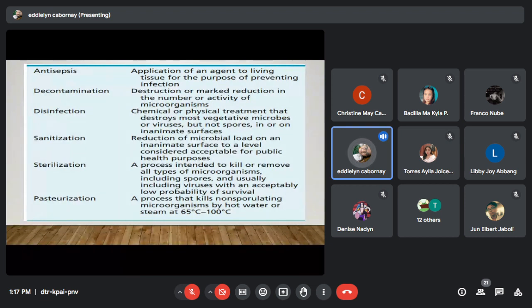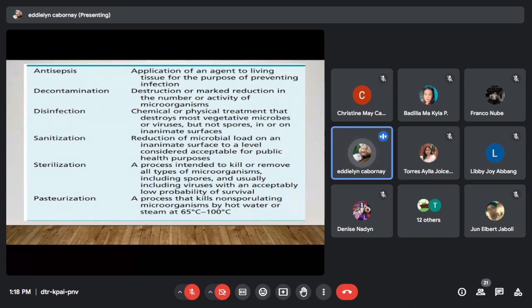We also have sanitization, the reduction of microbial load on an inanimate surface to a level considered acceptable for public health purposes. For sterilization, a process intended to kill or remove all types of microorganisms including spores.